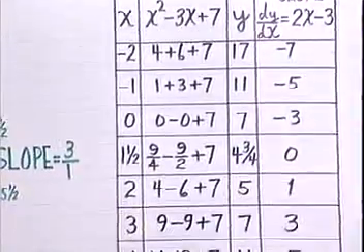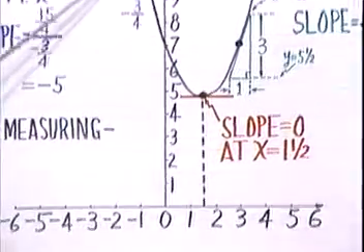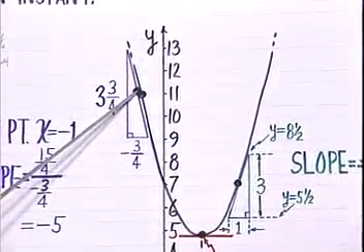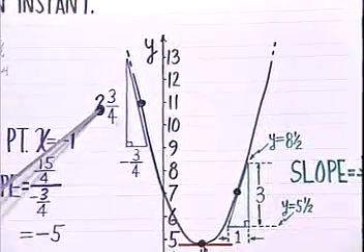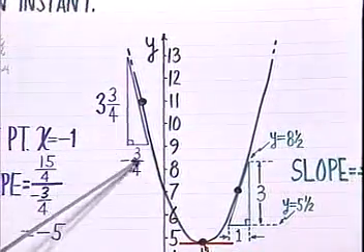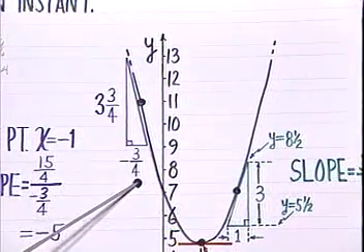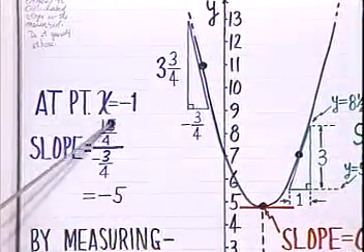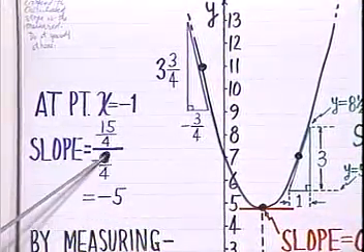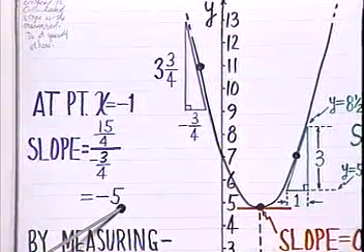Then I checked it at another point just to make sure, at x equals -1. I drew up a triangle as best as my eye could tell, and I came up with these values here. Notice the -3/4 because it's going in this direction here. Putting it in here, 3 3/4 is the same as 15/4, and -3/4 in the denominator, I come up with a slope of -5.